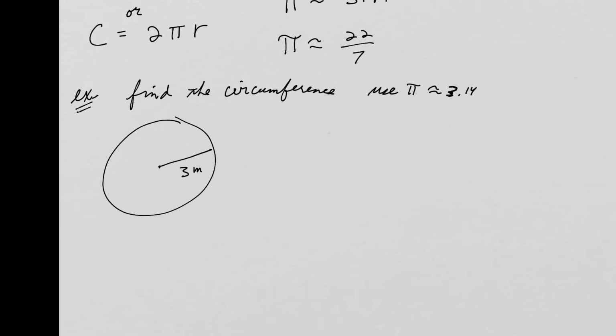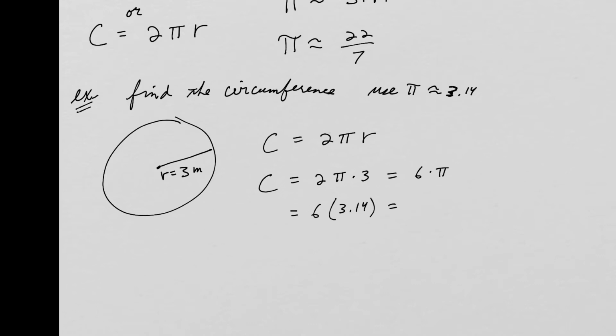When you see that picture, you notice this is the radius. The radius is 3 meters because it's going from the center out to the edge. So for the circumference, why don't I just use the formula that involves a radius? That's going to be 2 pi r. If I plug in r here, I have 2 times pi times 3. So basically this is 6 times pi, or 6 times around 3.14.